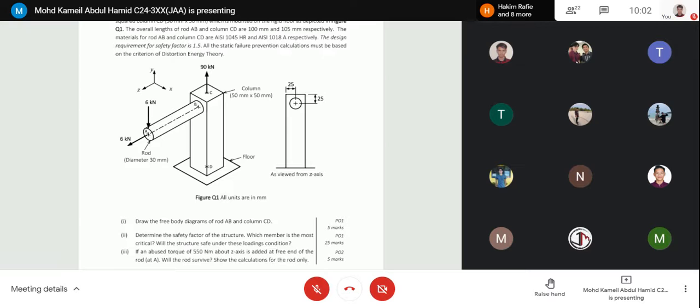Okay, please answer and on Tuesday submit number 1 and number 2. And number 3 lah, try sekali lah, nanti kita discuss.